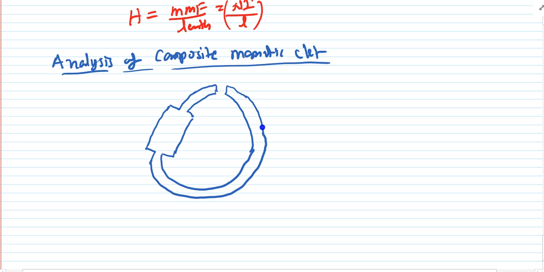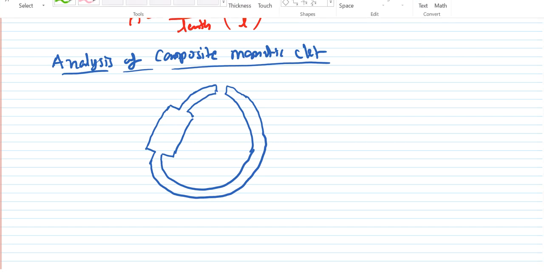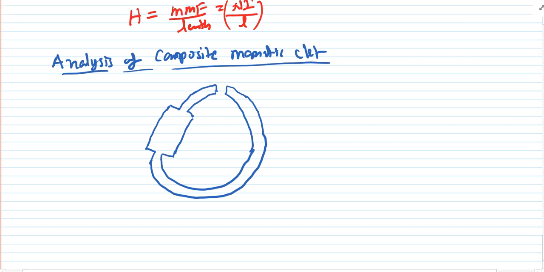This one is a different material, and the air gap is also a different material. This is the complete composition of this circuit. Assume my winding is somewhere here with current I, and this is the direction my flux is flowing, and it is going to be a closed path for my flux phi.